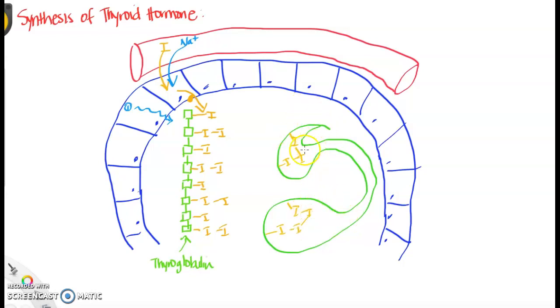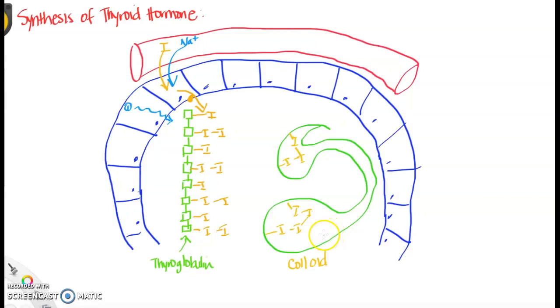So they do this all around the strand as these ones and twos and twos and twos link up. Okay, and this is basically colloid. So this is the stored form of, let's call this colloid, stored form of T3 and T4.